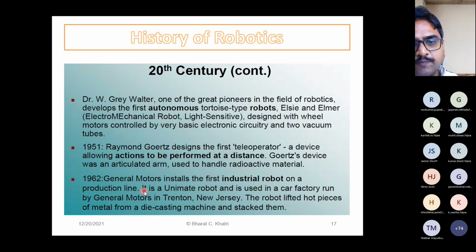It is the Unimate robot, used in a car factory run by General Motors in Trenton, New Jersey. The robot lifted hot pieces of metal from a die casting machine and stacked them. That is a very difficult task, and it was done first in General Motors.